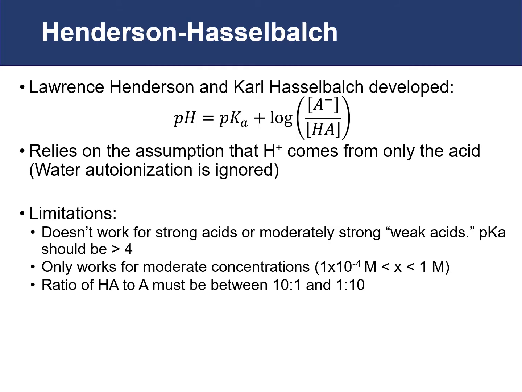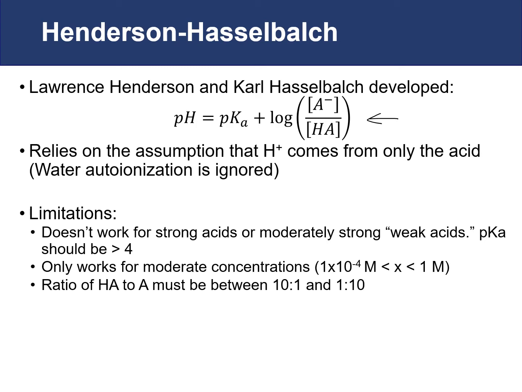The Henderson-Hasselbalch equation was derived by Lawrence Henderson and Karl Hasselbalch. The most common way that it is written is the way that we derived in the end, which is pH is equal to pKa plus the log of the conjugate base divided by the acid.